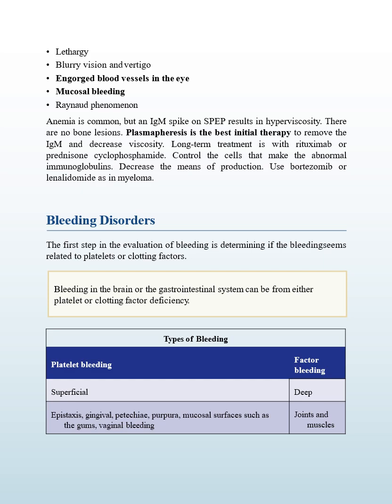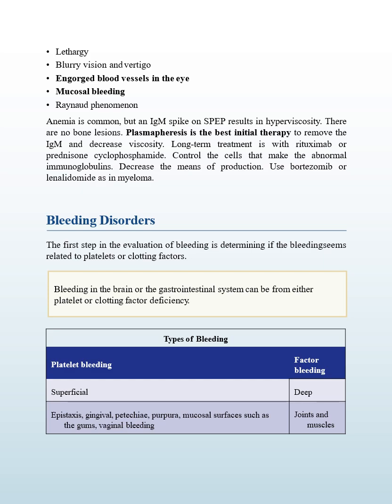Anemia is very common, but IgM spike on SPEP results in hyperviscosity. Plasmapheresis is the best initial therapy to remove the IgM and decrease the viscosity. Long-term treatment is with rituximab, prednisone, and cyclophosphamide. These control the cells which make the abnormal immunoglobulin, meaning they decrease the production.